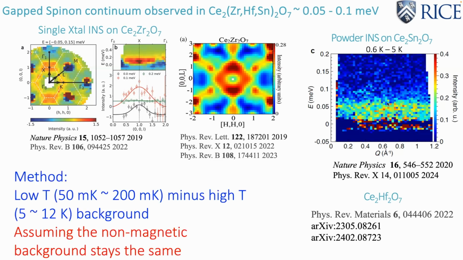The method here is that we measure the low temperature spectrum at around 50 millikelvin, and we measure the high temperature background around 10 Kelvin as the non-magnetic background. Then we subtract this high temperature background, assuming that this non-magnetic background stays the same.